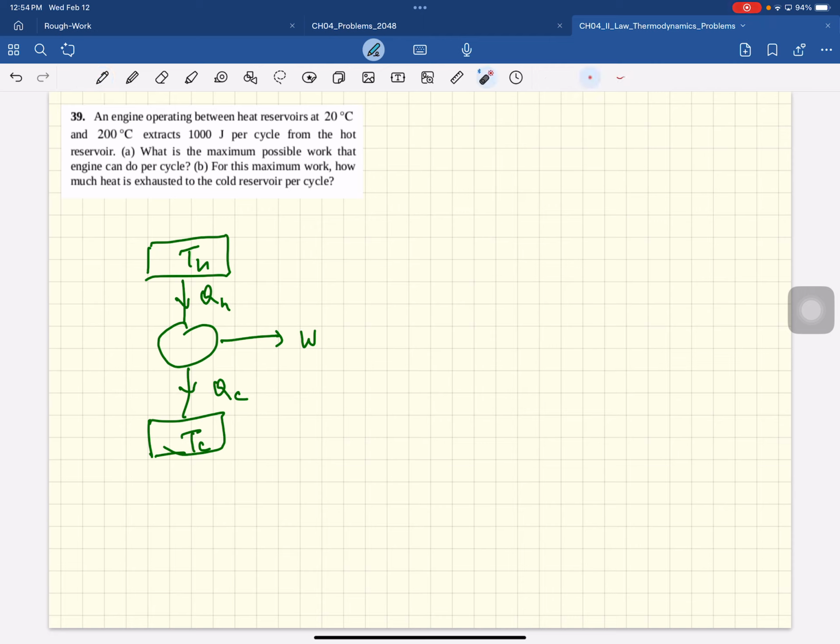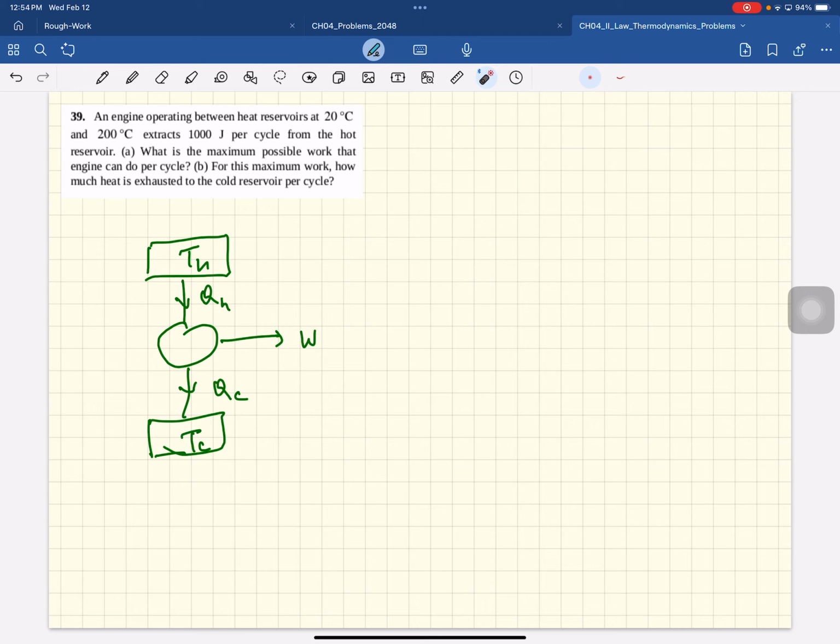So this heat engine is operating between these two temperatures. It extracts 1,000 joules per cycle. What is the maximum possible work the engine can do? Which engine does the maximum possible work? The ideal engine, which is called the Carnot engine.